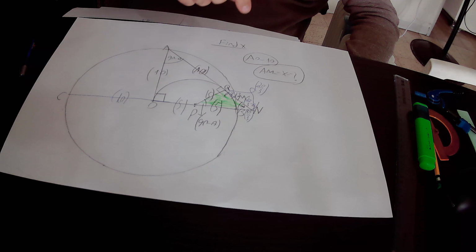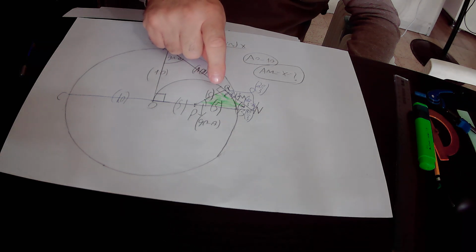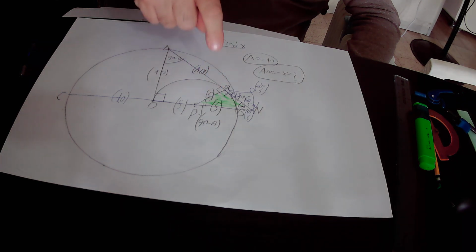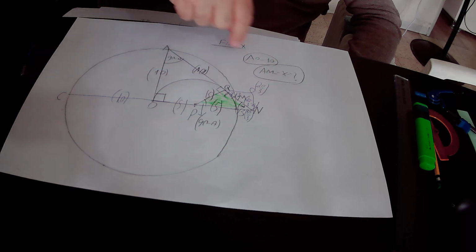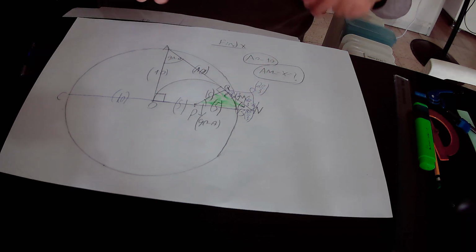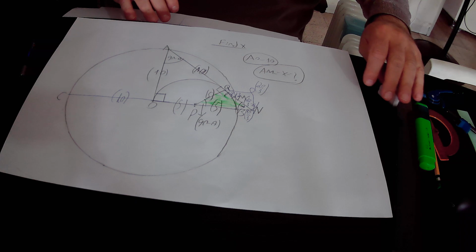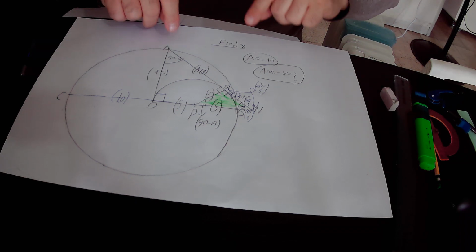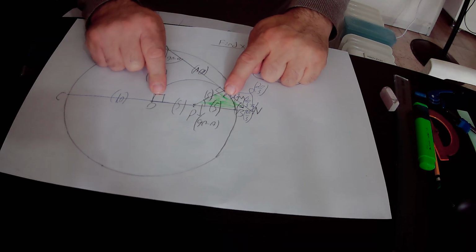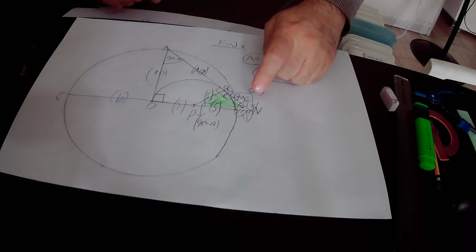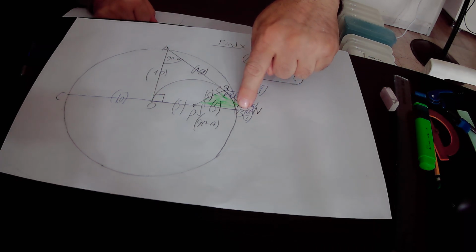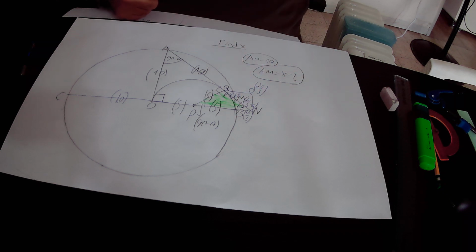Then we proved that the green small right triangle PQN is similar to the big right triangle AON. Why are those two right triangles similar to each other? First of all, those two angles are both equal to 90 degrees, therefore they are equal to each other. In addition, this is angle theta, a common angle that belongs to both triangles, so we can say that angle theta equals itself.